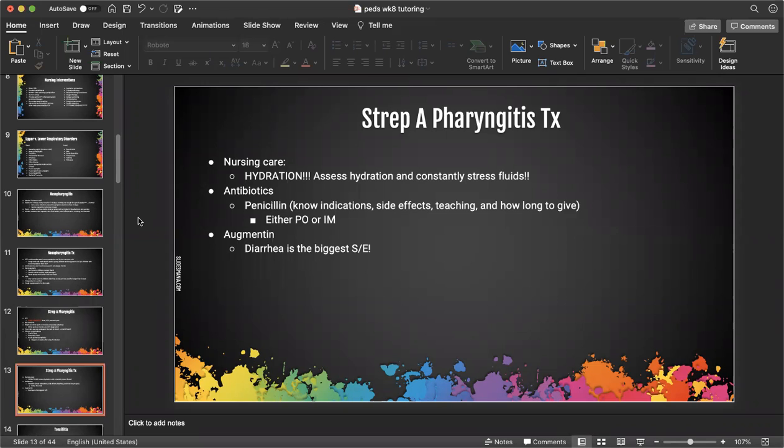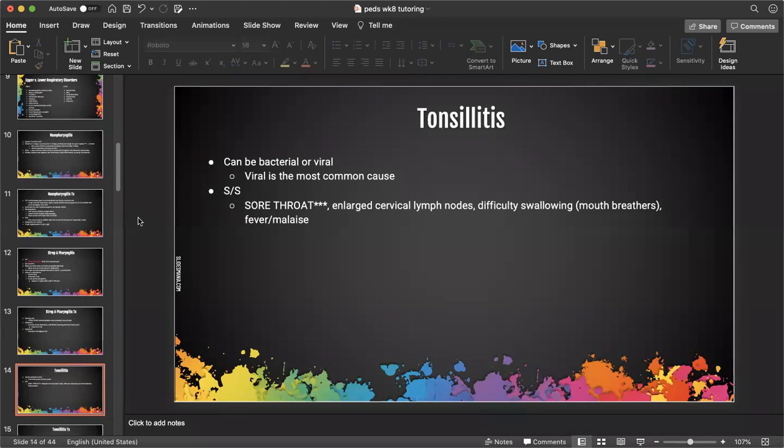And it can either be given oral or intramuscular. They can also be taking Augmentin, and diarrhea is the biggest side effect of Augmentin. For both the meds, make sure you know the indications, side effects, teaching, and how long to give. And also know the therapeutic outcome as well.